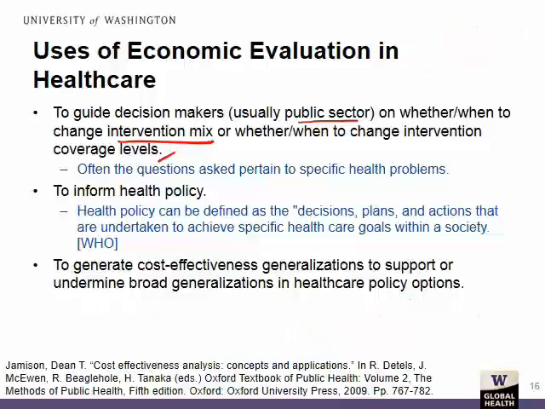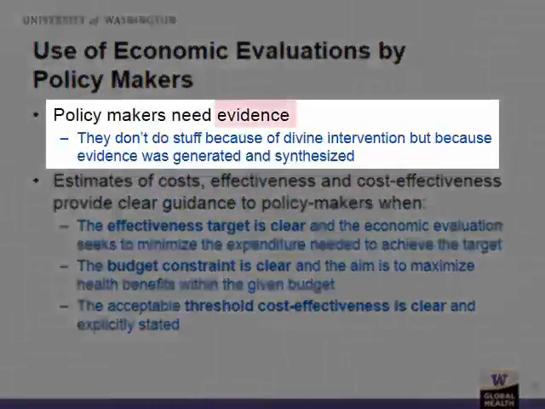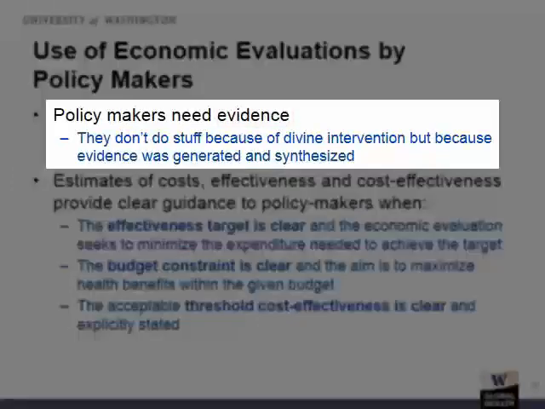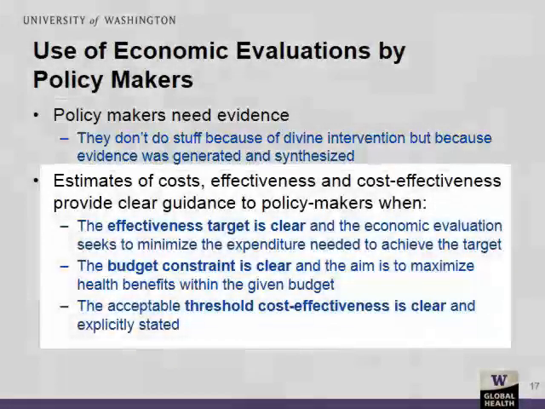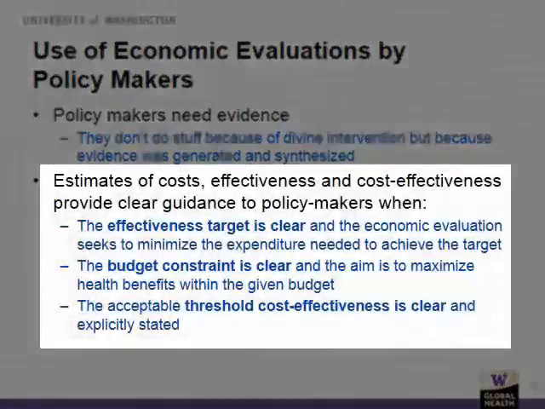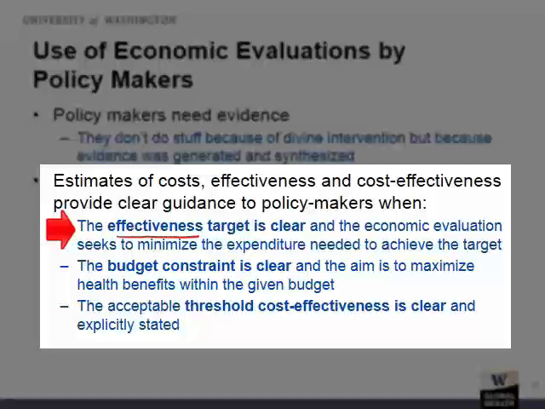So policymakers need evidence. They just don't do stuff by divine intervention. They need some help, and economic evaluation helps to provide some of that evidence. And estimates of cost effectiveness provide clear guidance to policymakers when 3 things happen. One is that the effectiveness target is clear, and the economic evaluation is seeking to minimize cost, essentially.